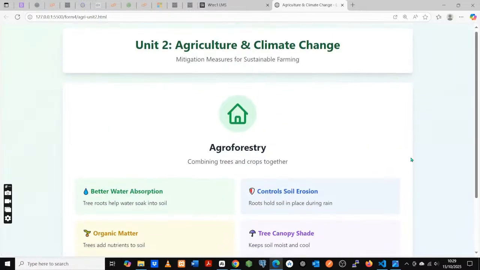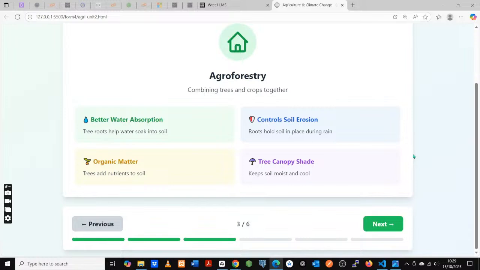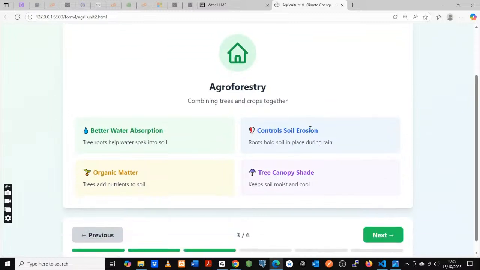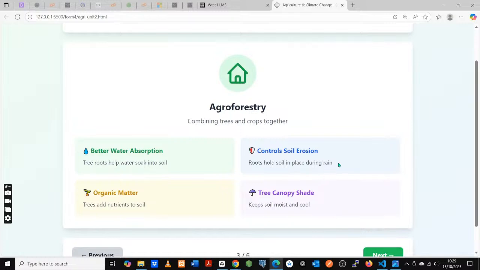Now, let's come to another mitigation measure, which is agroforestry. We should practice agroforestry, the practice of combining trees and crops together in order to avert effects of climate change.